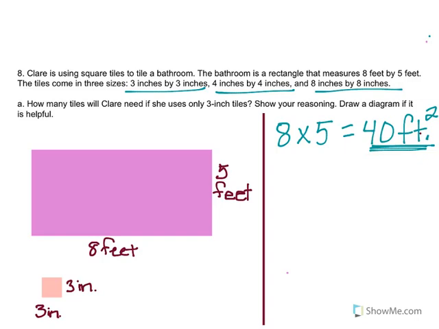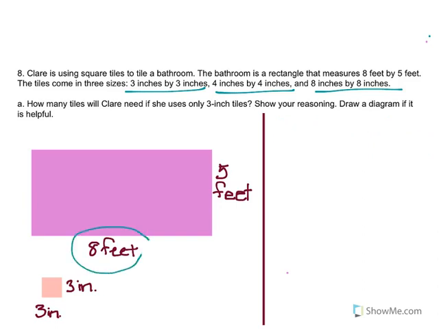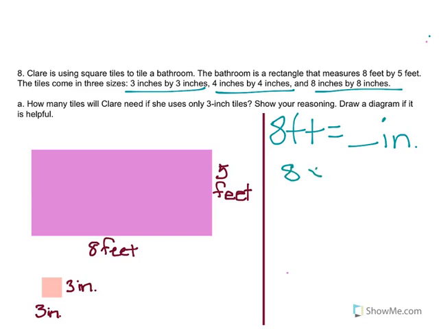So what I actually had to do was kind of go a little backwards. I need to change 8 feet and 5 feet into inches. So 8 feet equals how many inches, right? To figure that out, I would do 8 times 12, right?